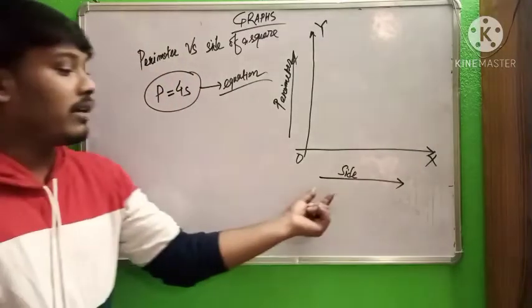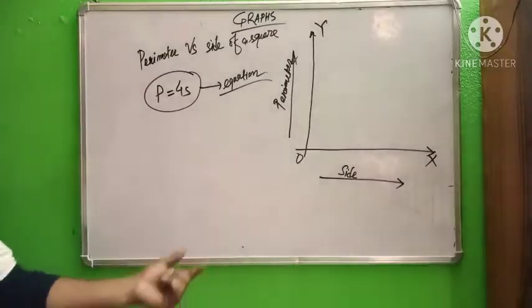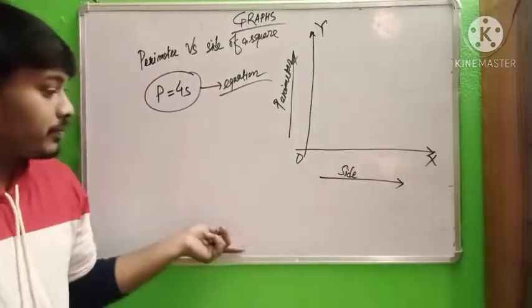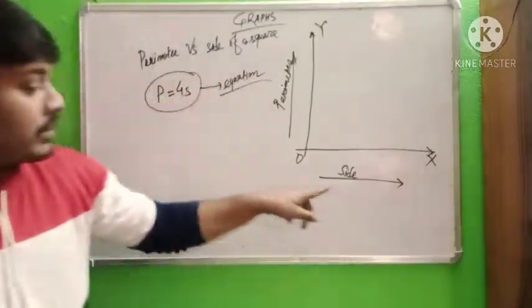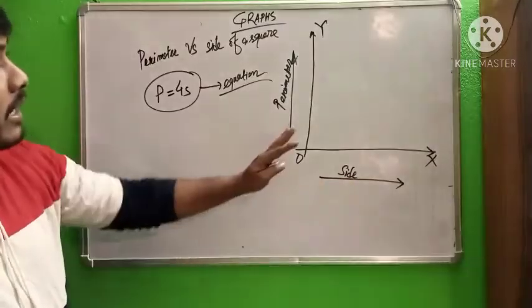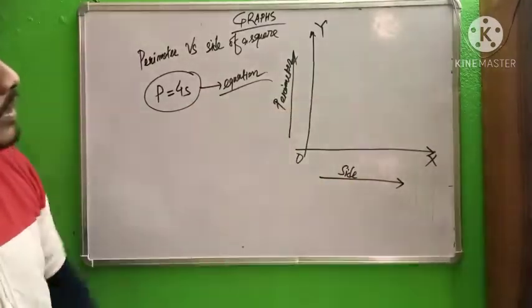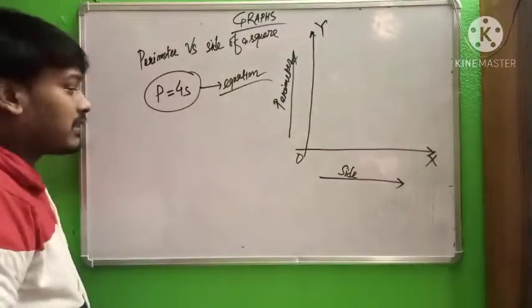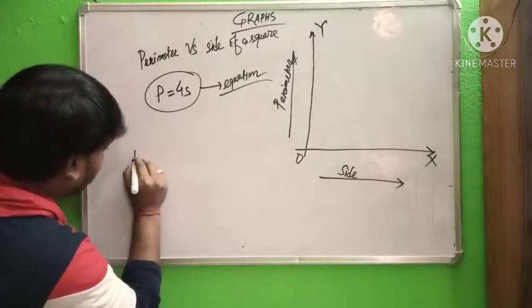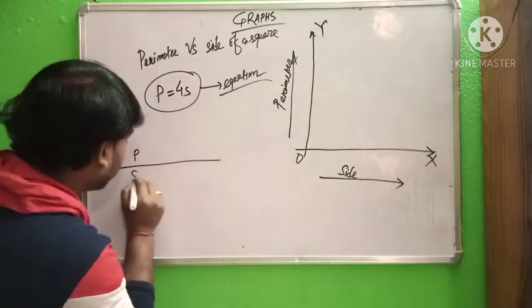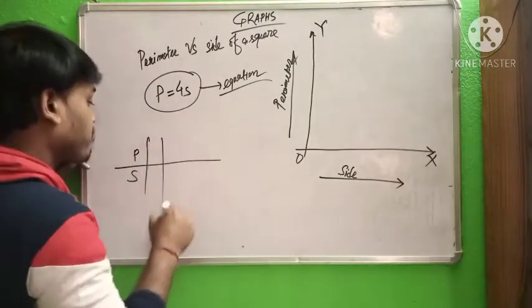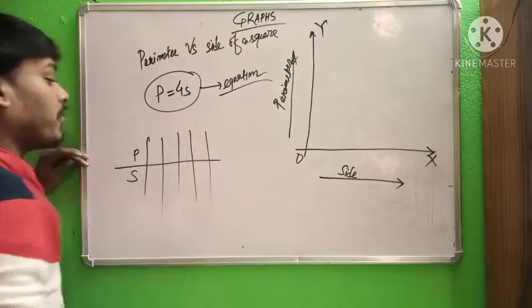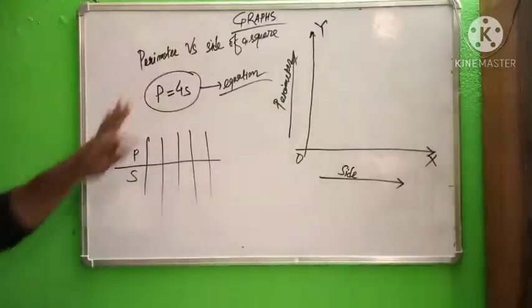Okay, so along the x-axis we take the sides, along the y-axis we take the perimeter. Side, that means value of the side. So perimeter and side. So the equation is given here.